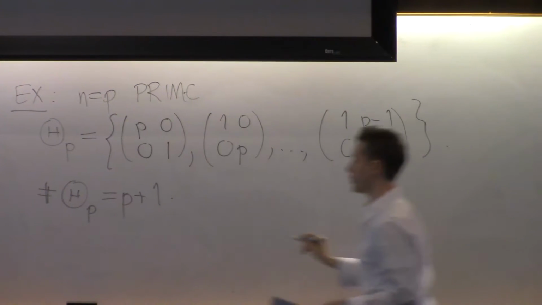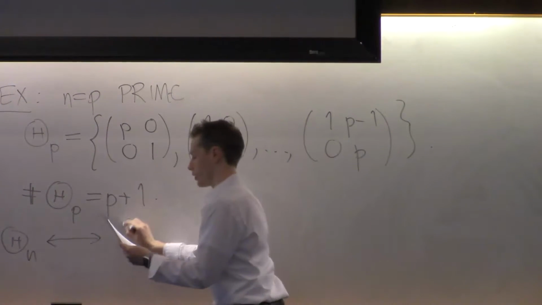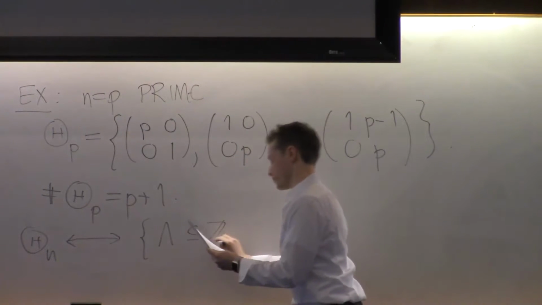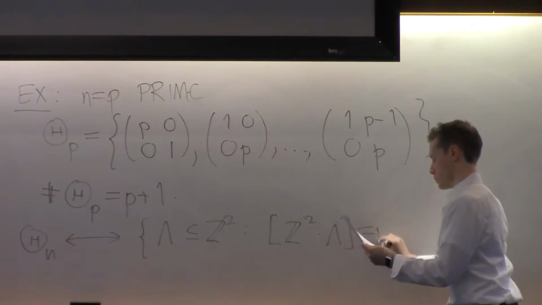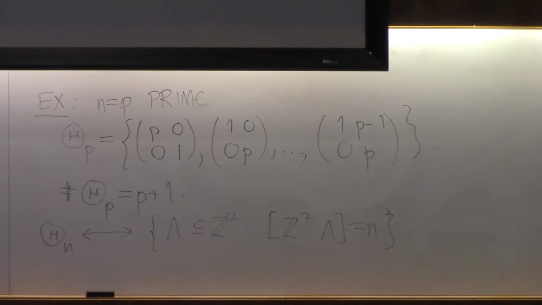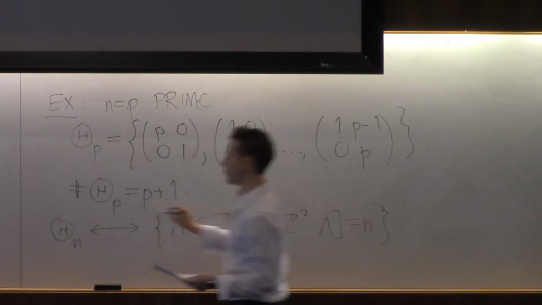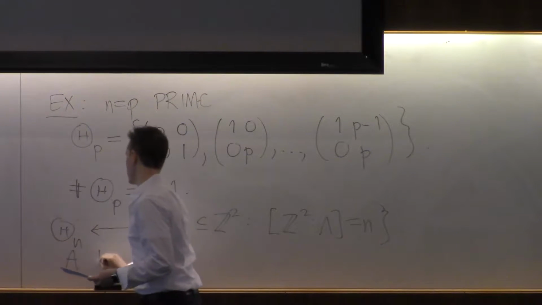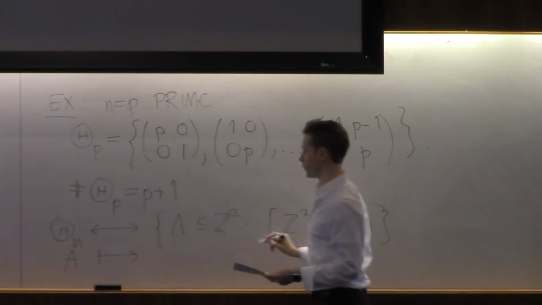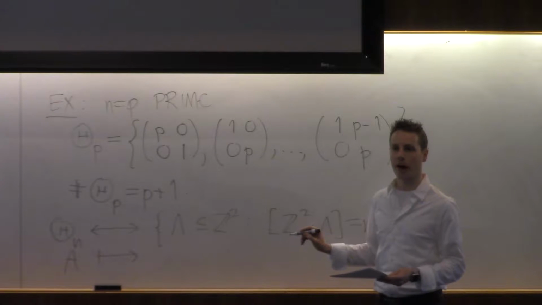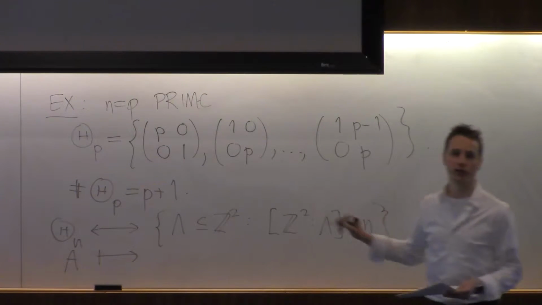Okay, so another way to think about this set theta n is it's naturally in bijection with the set of lattices of index n. And the bijection is you take such a matrix that belongs to your set, and you make the associated lattice where you've written out a choice of basis for that lattice as the rows of that matrix.